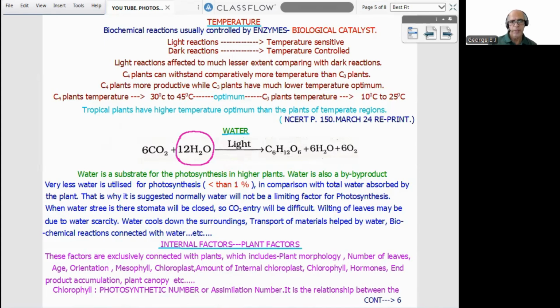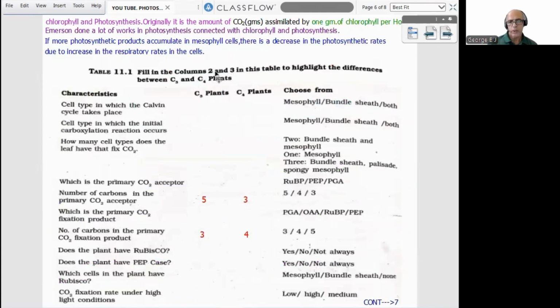We studied it already. When we say chlorophyll, there is a number called the photosynthetic number or assimilation number, not directly in NCERT. So what does it mean? Assimilation number or photosynthetic number is the relationship between the chlorophyll and the photosynthesis. Originally, it is the amount of carbon dioxide in grams assimilated by 1 gram of chlorophyll per hour.